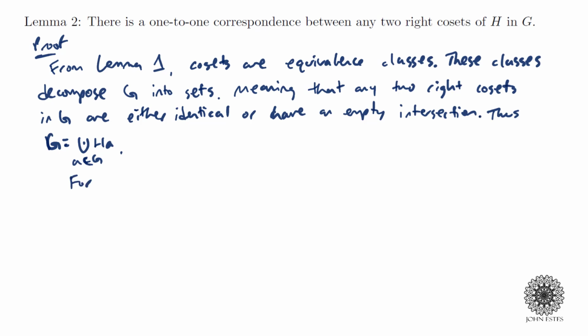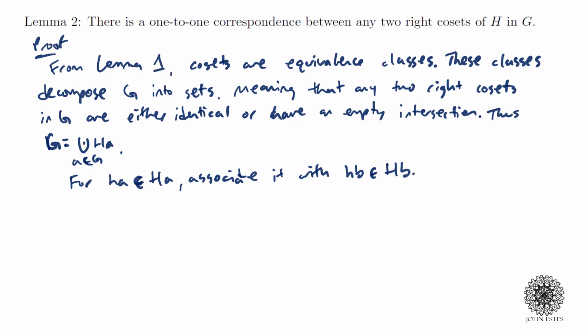So for little ha, which is an element of the coset Ha, and remember, what is the coset Ha? It's the set of all products, all the h's in your subgroup times the element a. So we're picking a particular h here. We're going to associate it with hb in the coset Hb.